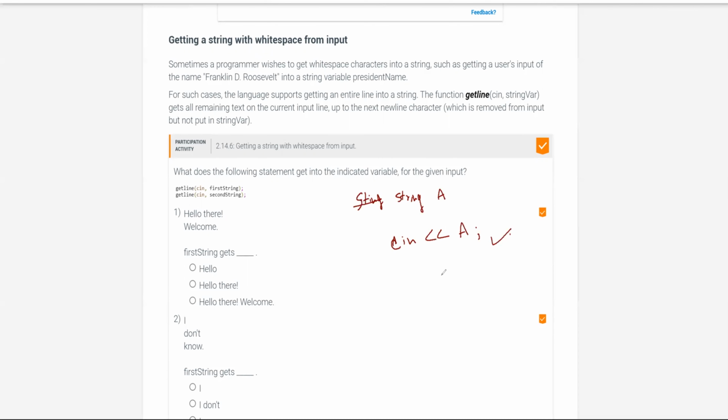And also, if I want to have a space in the front of this, cin, if the user comes and types something, so this is your terminal, and let's say I say cout.